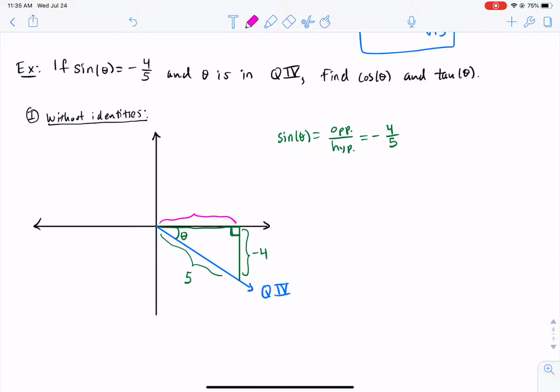So this will be the square root of 5 squared minus 4 squared. And this will be the square root of 25 minus 16, which becomes the square root of 9, which is 3. And you are familiar with the 3, 4, 5 triangle somehow, right? And back in high school, sometimes they will even give you the approximate values of what theta is.